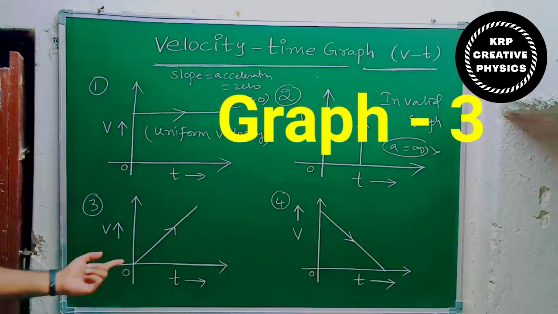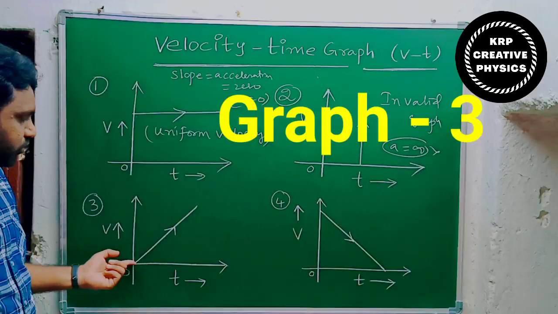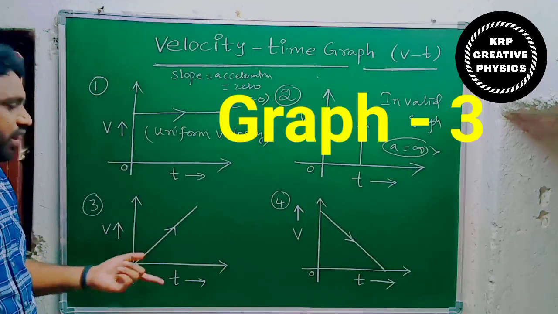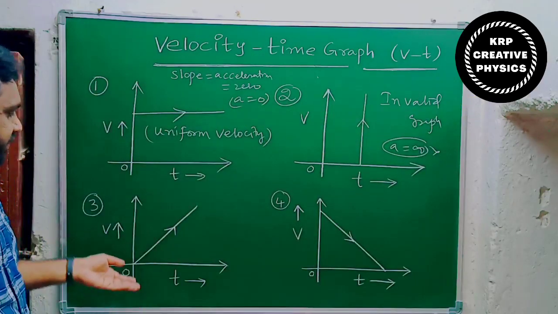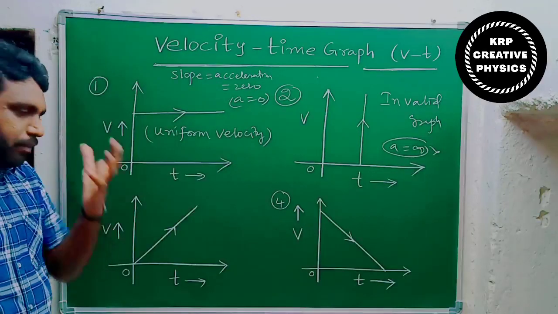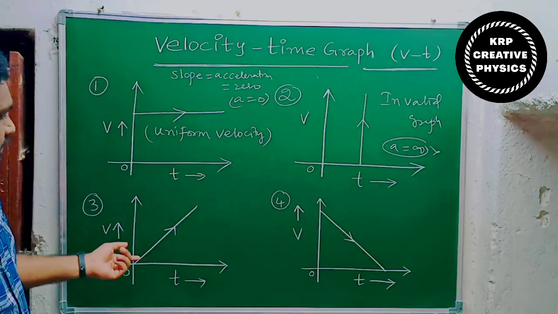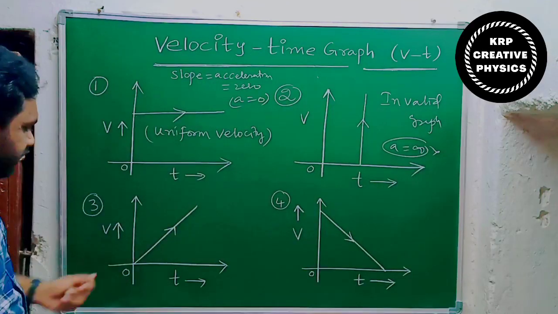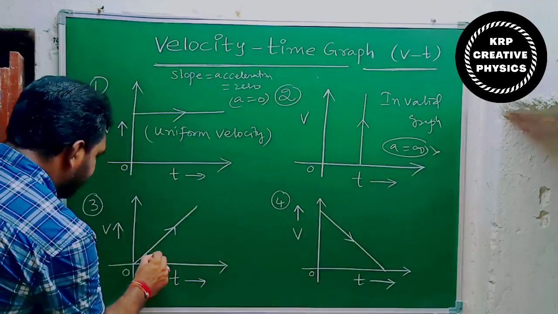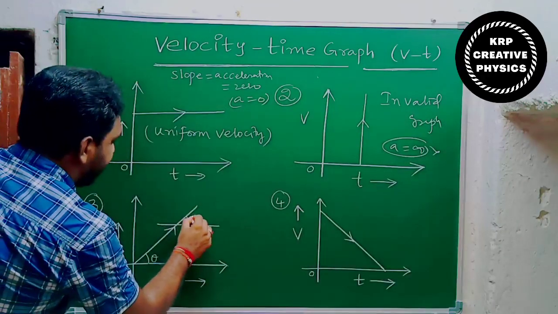So let's move on to the third graph here. If we consider the third graph, we are getting one straight line, but it is not parallel to either the x-axis or the y-axis. It is not parallel to any of the axes, but it is a straight line. So what does it mean here? Slope remains constant. How can I say slope remains constant? We just need to consider the angle. The angle remains constant.